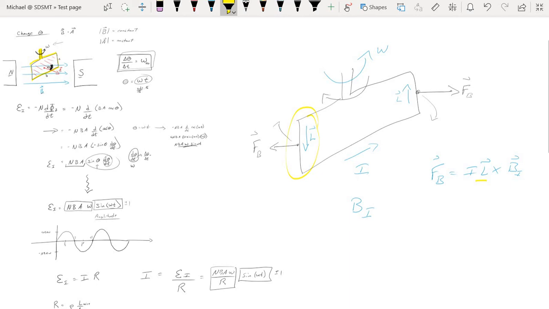The resulting force is pointing to the left, and that's going to be our thumb. So we need our index finger pointing down, we need our thumb pointing to the left. I think I said right earlier. Index finger down, thumb to the left.